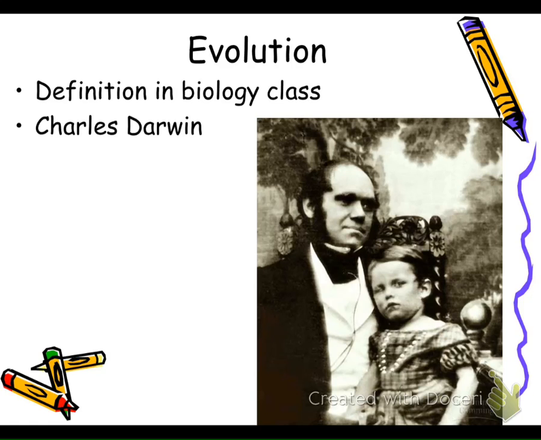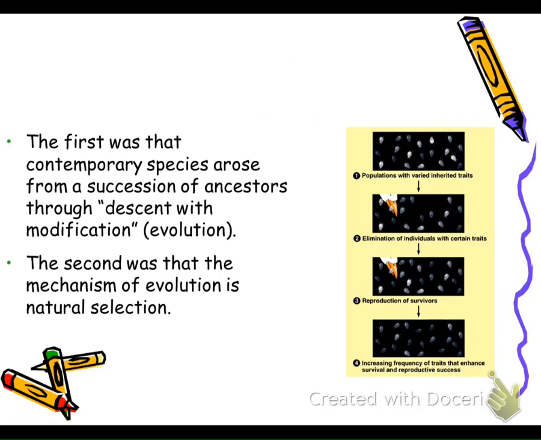So this is Charles Darwin and his daughter. He wrote The Origin of Species, and he's known as the father of natural selection and evolution. Basically, there was a descent with modification, which is evolution. We arose from a succession of ancestors, and the mechanism of evolution is through natural selection.